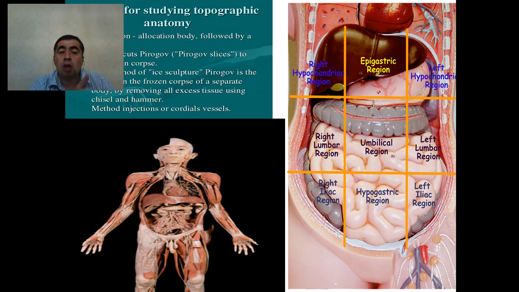Then the organ is totally placed in acid, and of course the organ is dissolved, but the vascular system is retained. The corrosion method primarily can give you 3D information of the vessels.